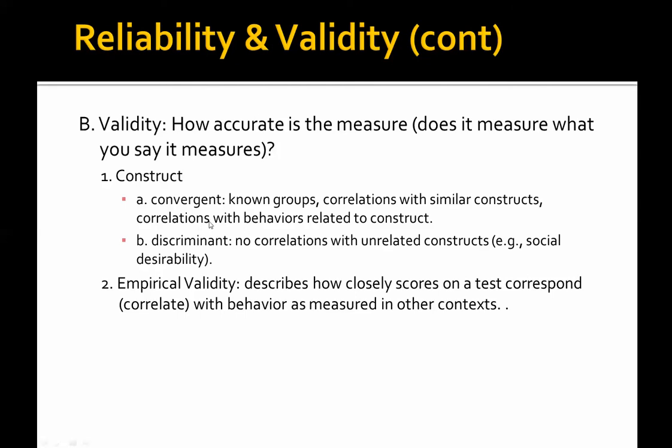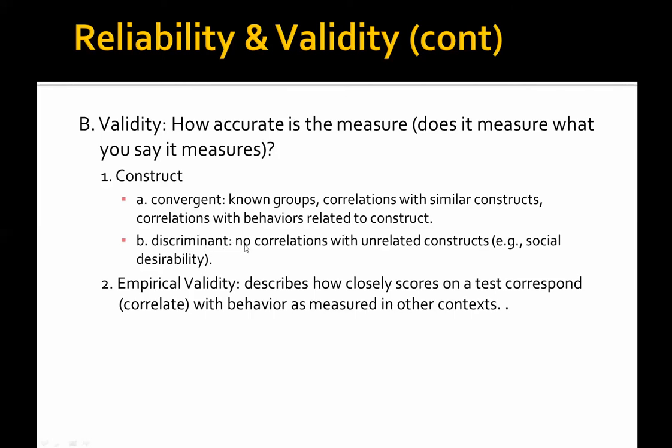What's really a gold standard is correlations with behaviors related to the construct. So if we have our measure of empathy, we correlate that with how they display empathy in an actual setting. We look at their actual behaviors in that situation.